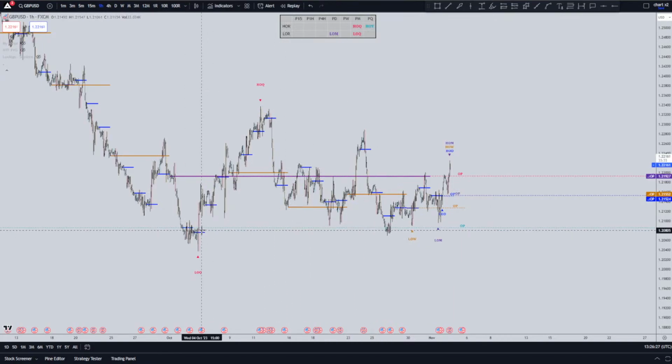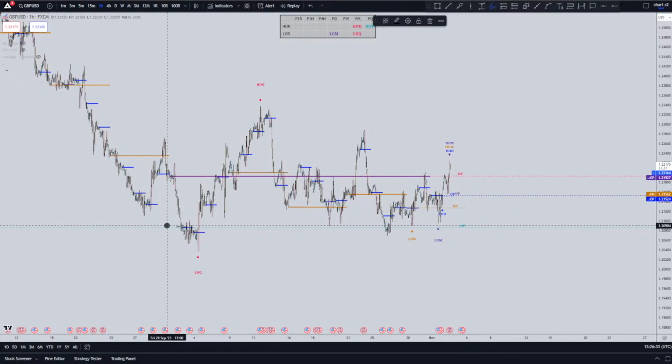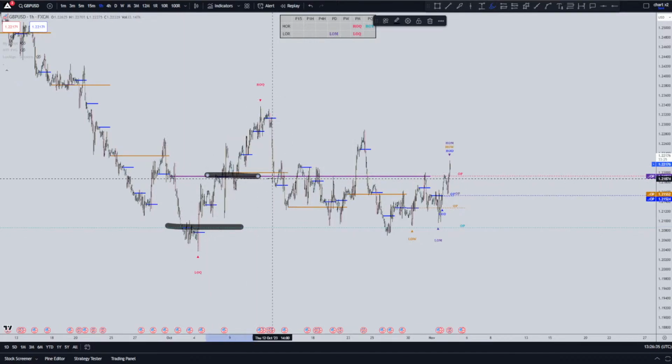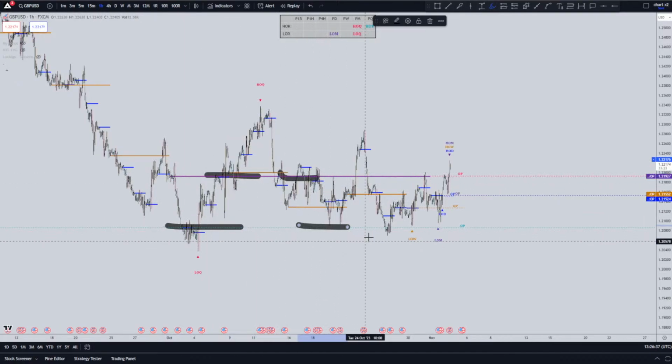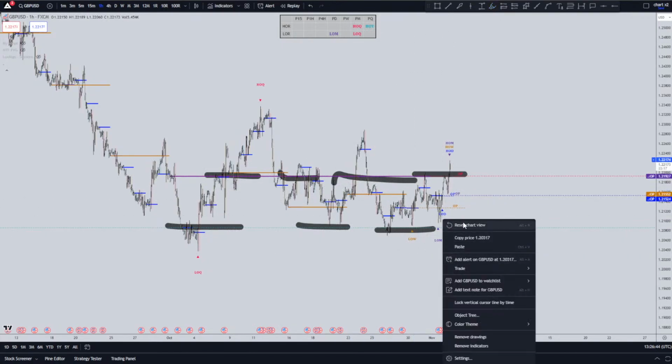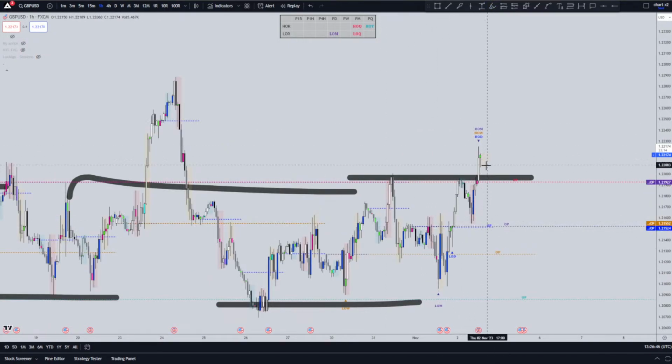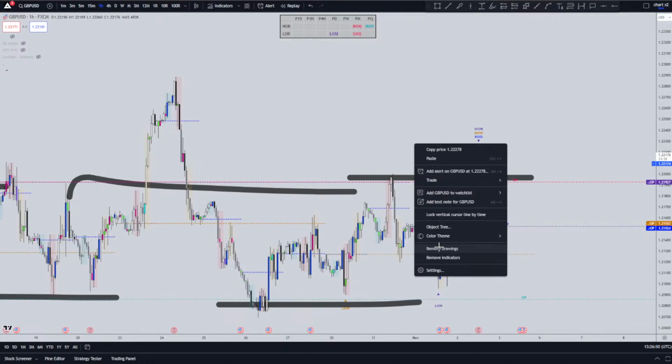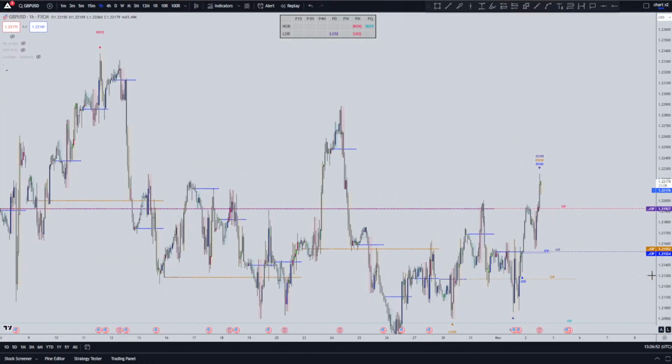So if yearly is holding, where's the quarterly open? It's up here. So you can simply trade level to level. Quarterly fails, yearly. Quarterly fails, yearly. And so on.